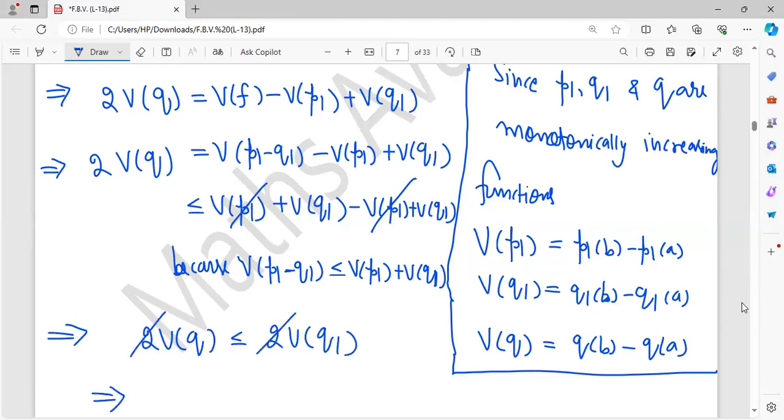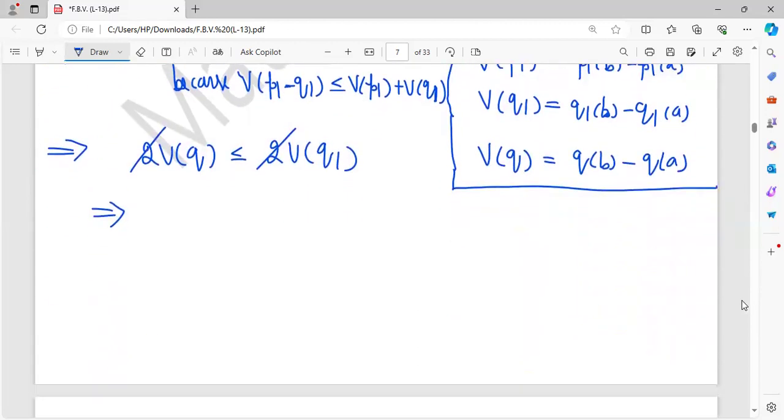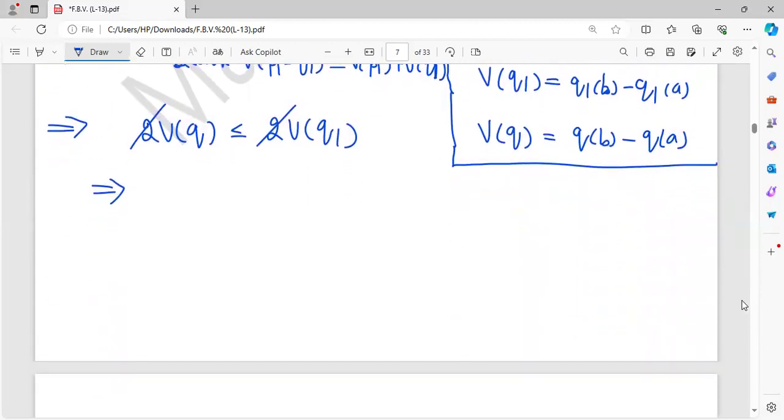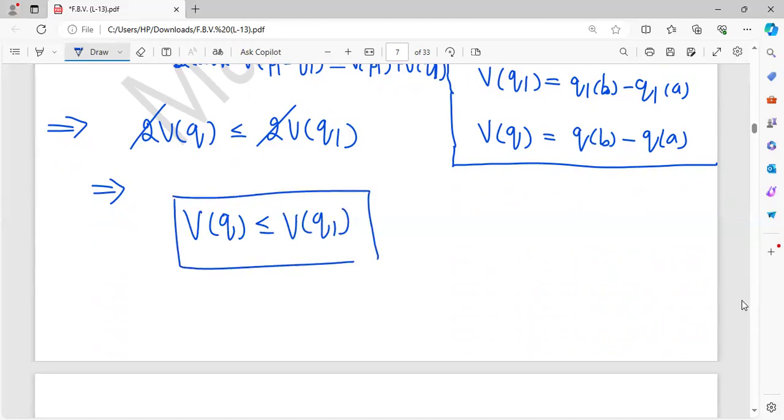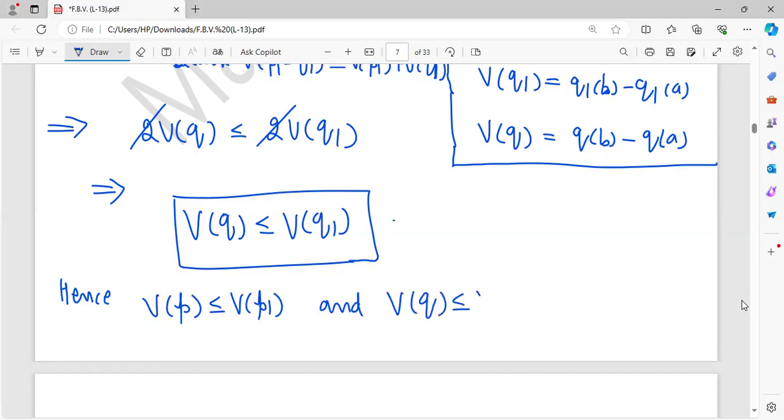So this implies VQ is less than or equal to VQ1. Hence VP is less than VP1 and VQ is less than VQ1. We are done. Okay.